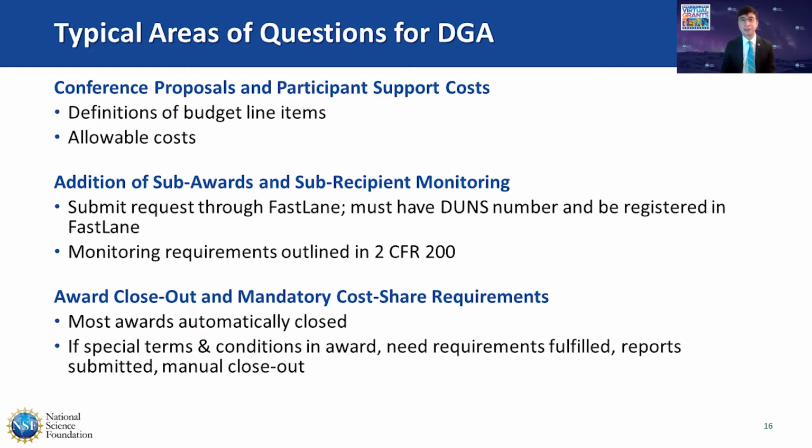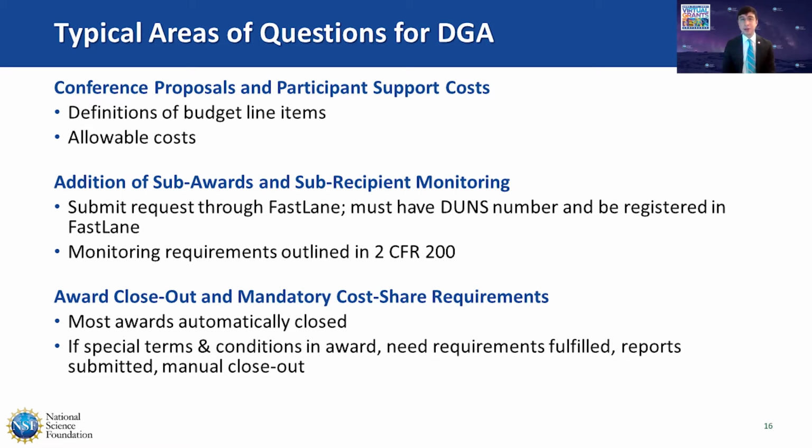So here are a few of the typical questions that DGA receives. We had talked about participant support costs, and please remember to carefully check what you're requesting to be covered by this cost category. You should also keep in mind that removing or rebudgeting funds out of the participant support cost category on a post-award basis requires prior approval from NSF.